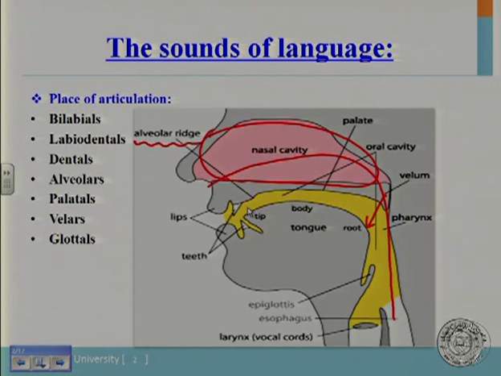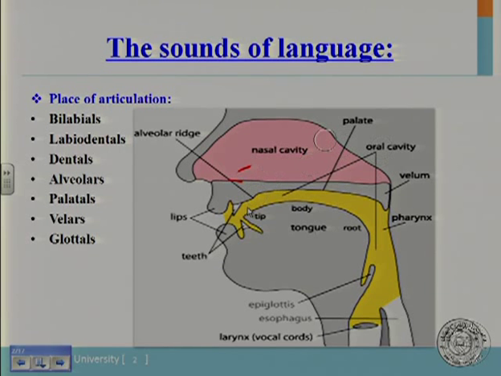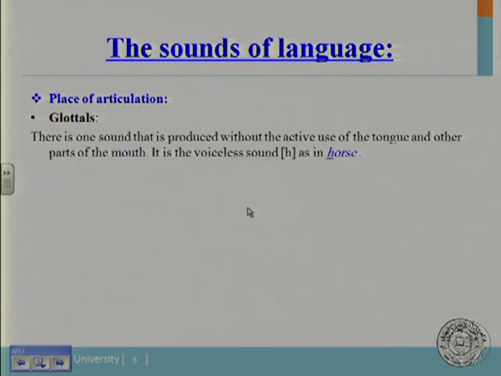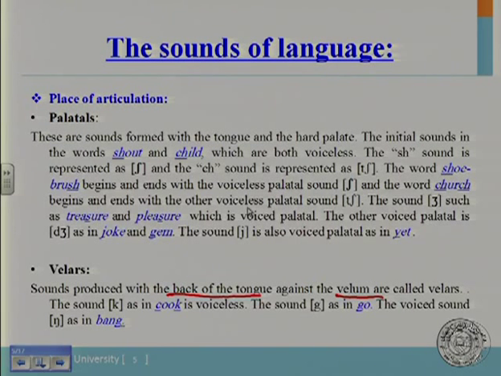Now, this is the back of the tongue, this area, with velum, this area. So when these two are in contact, the production is velar, the back of the tongue and the velum.